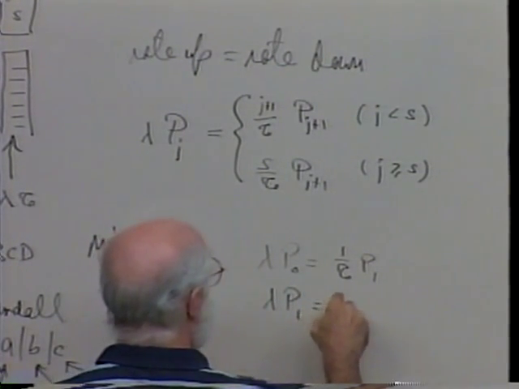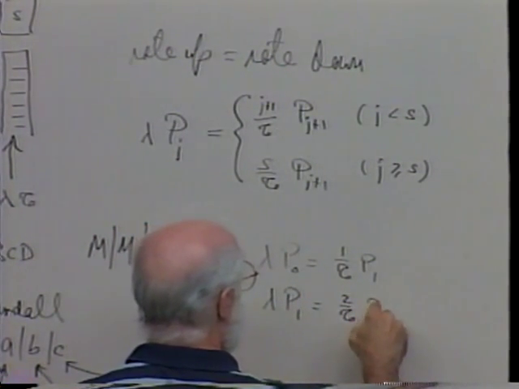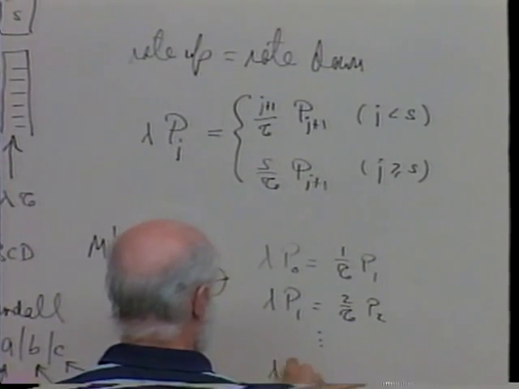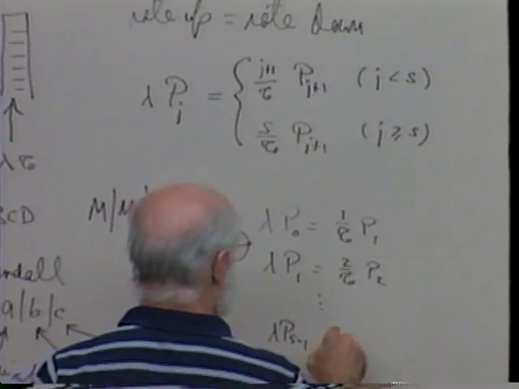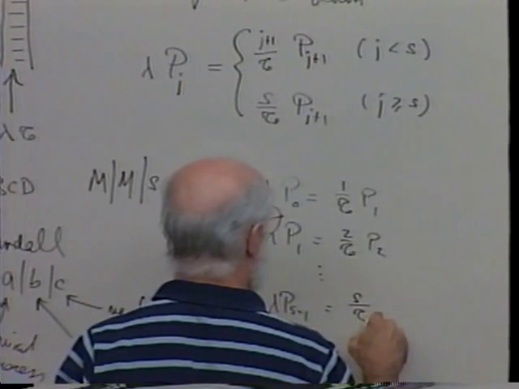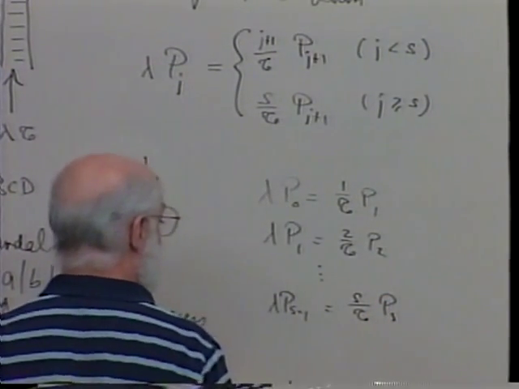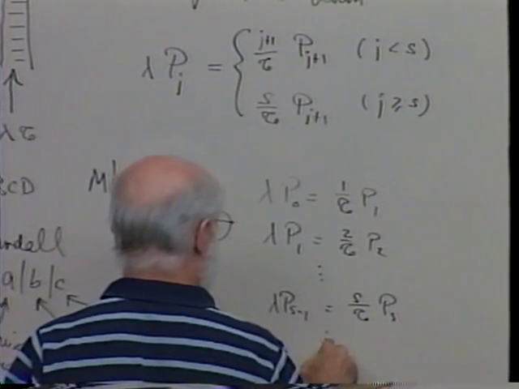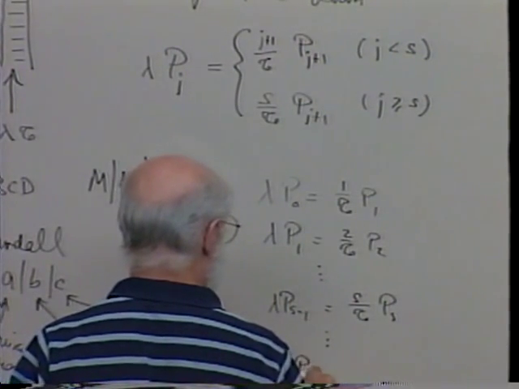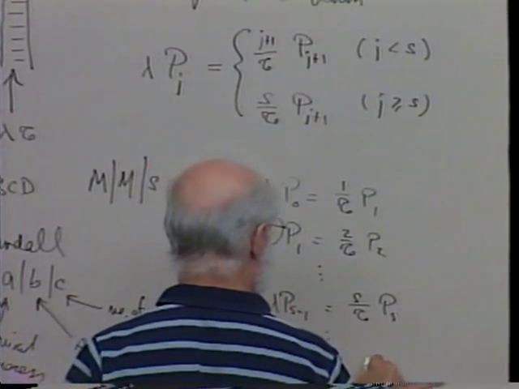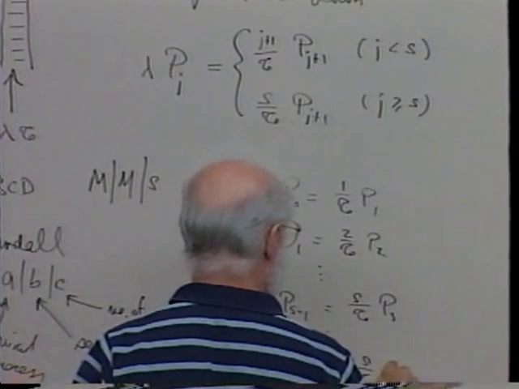Lambda p1 is equal to 2 over tau p2. Lambda p(s minus 1) is equal to s over tau ps. And then everything after that is of the form lambda pj is equal to s over tau p(j plus 1).